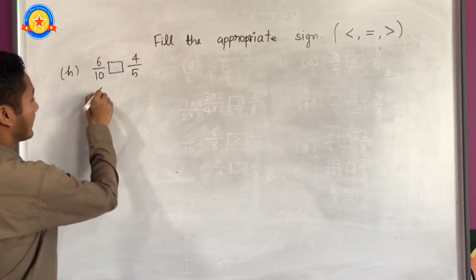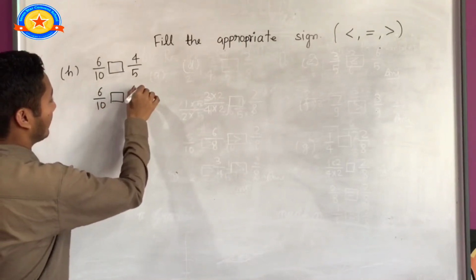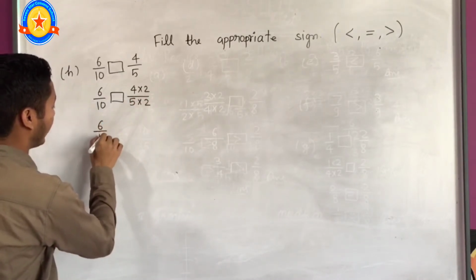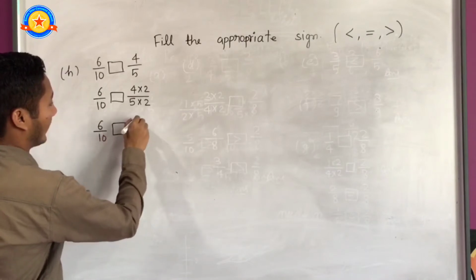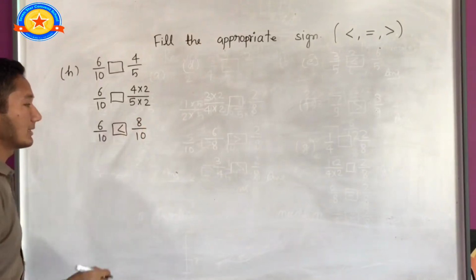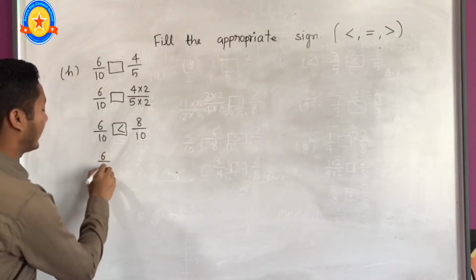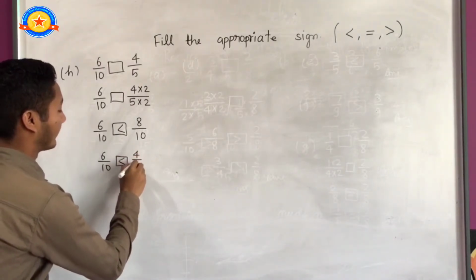In this case 6 by 10 blank space 4 into 2 upon 5 into 2. Now it becomes 6 by 10, 8 by 10. Now we can say 8 by 10 is greater than 6 by 10. Then write in original form 6 by 10 is smaller than 4 by 5.